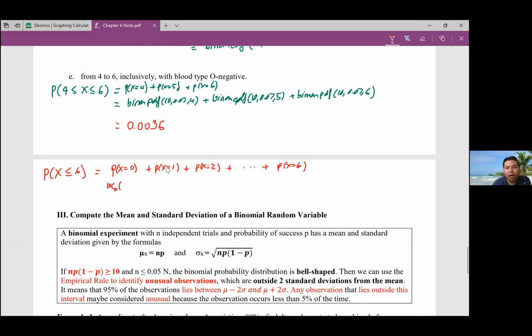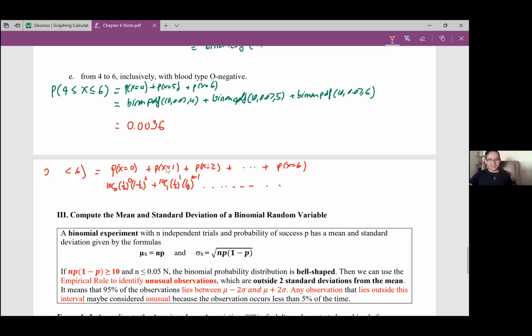Then you're going to do 10C0 times 1/2 to the 0, times 1 minus 1/2 to the 6, plus 10C1 times 1/2 to the 1, times 1/2 to the 10 minus 1, all the way until you get to 6. Got it. That's why I don't want to show you guys that. Too long.